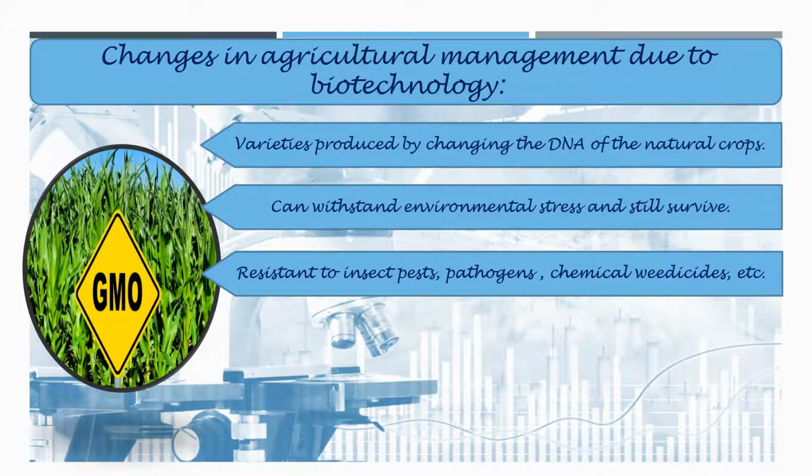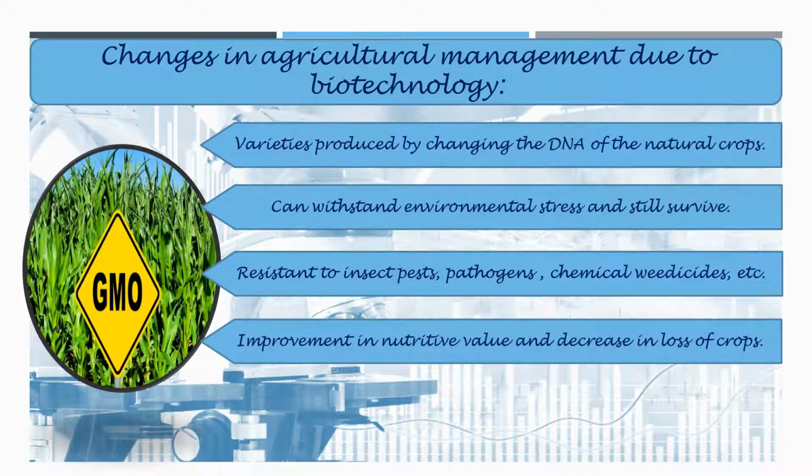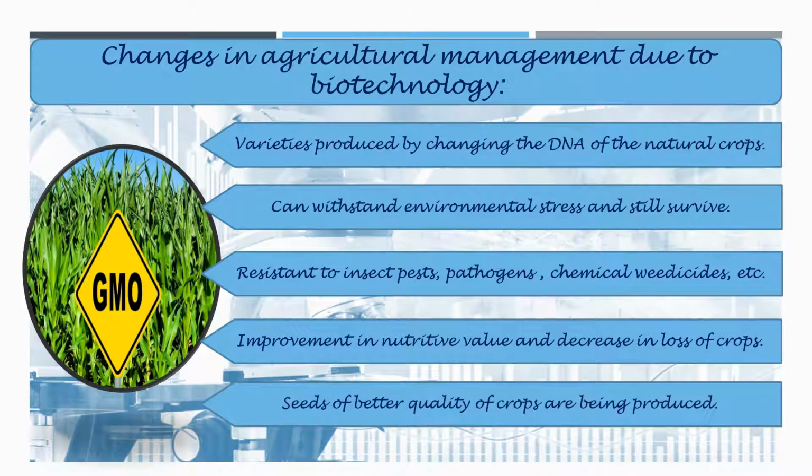And there is improvement in nutritive value and decrease in loss of crops when GM crop seeds are used, and seeds of a better quality of crops are being produced by biotechnology.